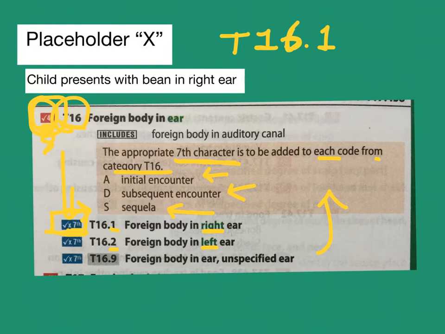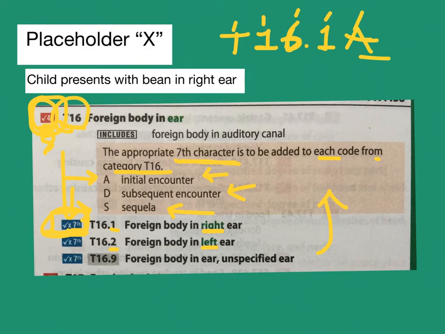Now, since the documentation did not state that this patient encounter was a subsequent or follow-up visit, nor did it specify a late effect, then initial encounter is going to be our best bet. But the A needs to be in the 7th character position. So if we just tack an A on at the end here, this is not going to be correct because it's in the 5th position. 1, 2, 3, 4, 5.